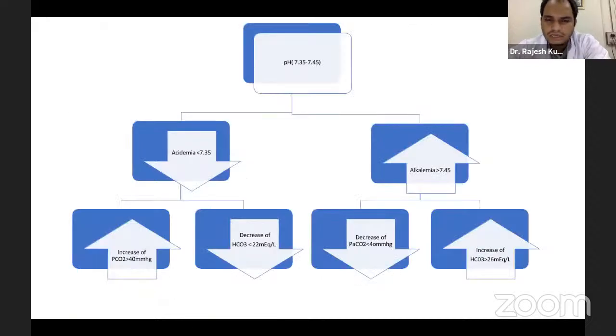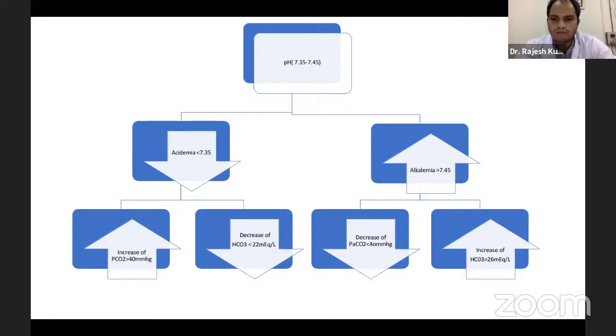Now you can see here your pH showing a normal value. If it is decreasing, it is acidemia, means acidosis. And acidosis can be due to an increase in PCO2, means respiratory, or a decrease in bicarb, because of metabolic. So respiratory cause and metabolic cause. Now coming to alkalemia, same thing.